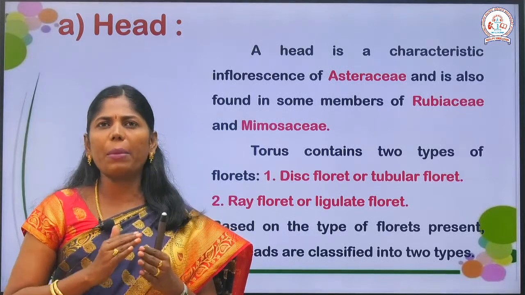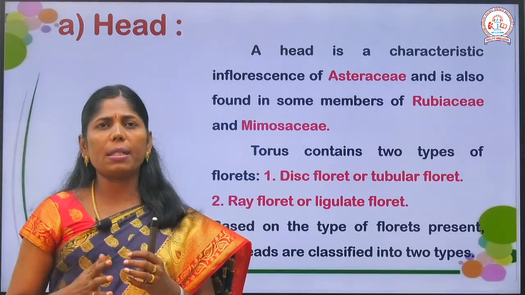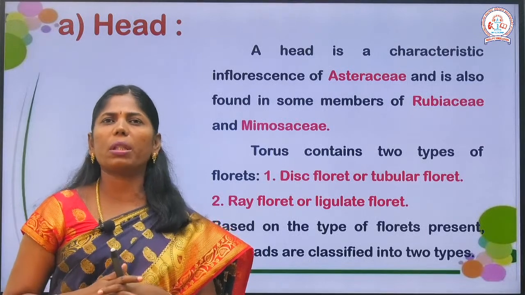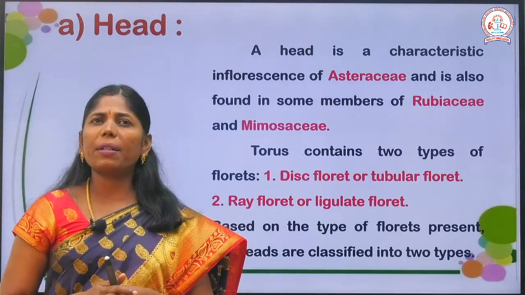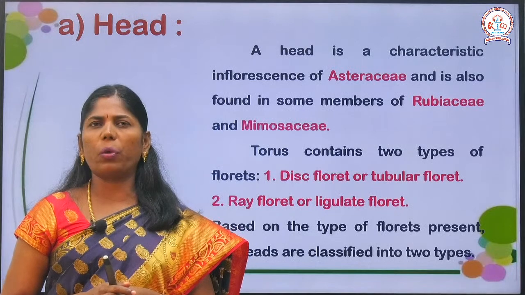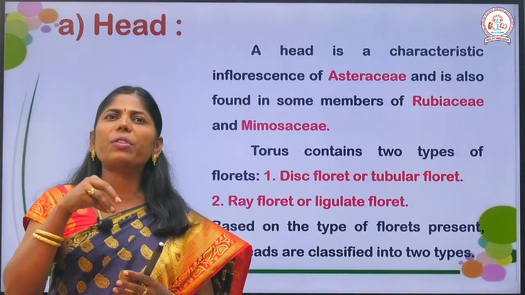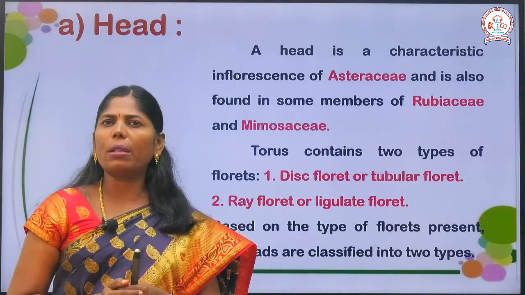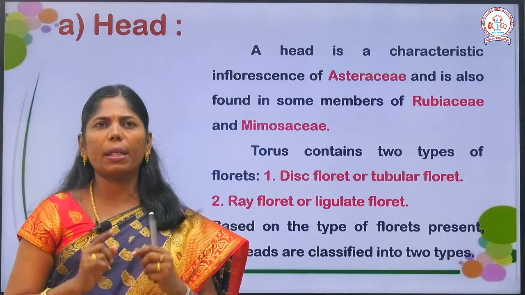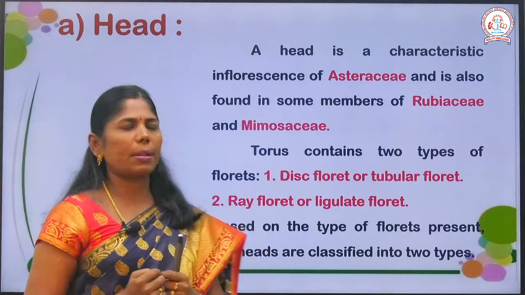These are the family names. Under the family we can see more than 1000 species. It consists of two types of florets. One is the disc floret, otherwise called tubular floret, present in the center of the flower. The other is the ray or ligulate floret, present at the periphery.